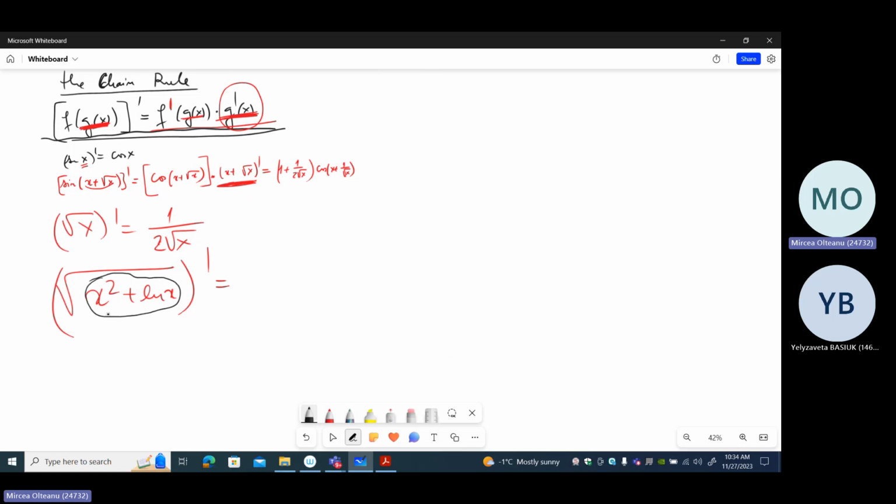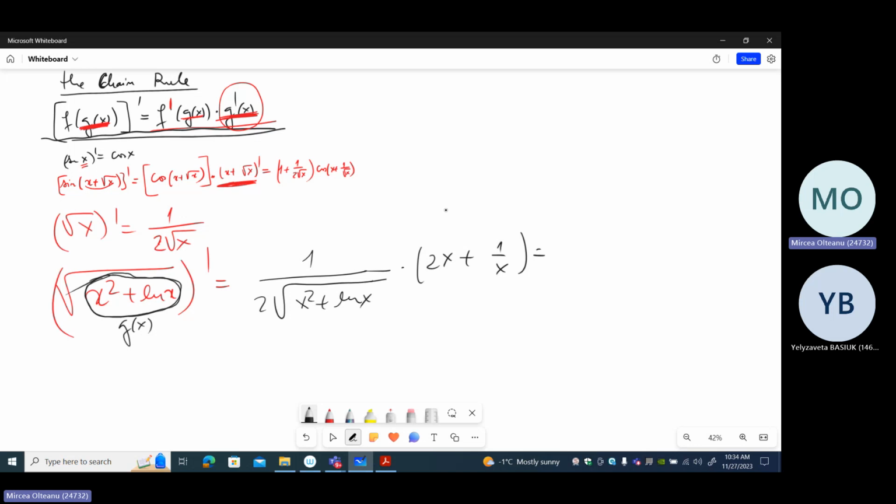This is g of x. So it will be the derivative of the square root, 1 over 2 square root of what is inside, g of x, so x squared plus logarithm of x. And now don't forget to multiply with g prime, the derivative of the expression inside, which is 2x plus 1 over x.